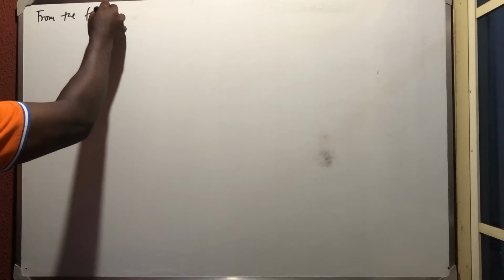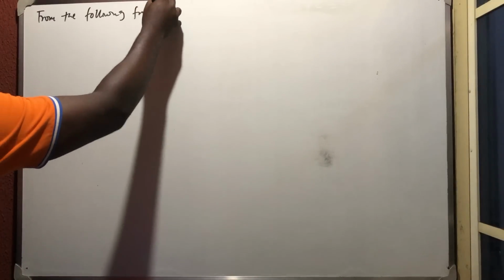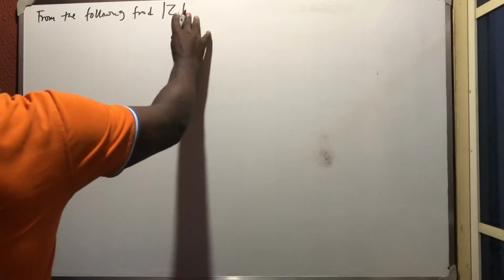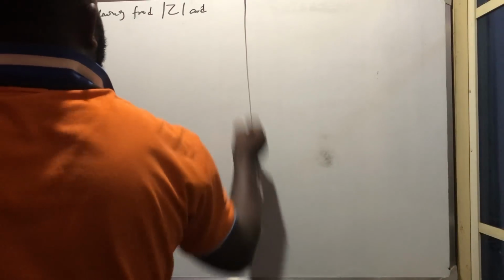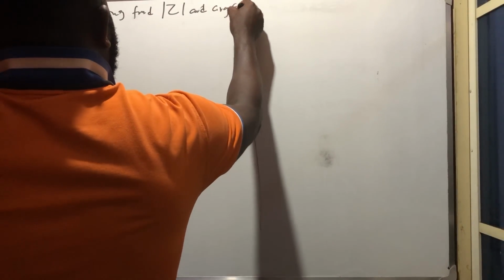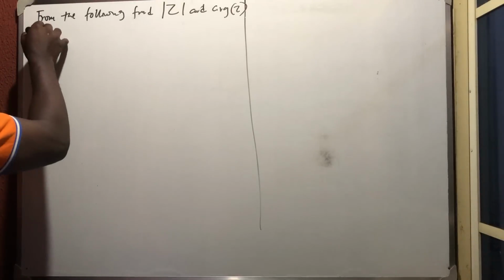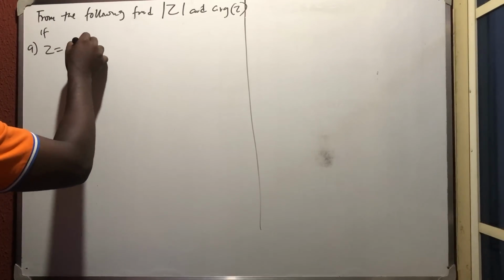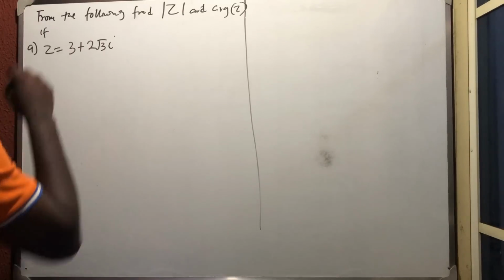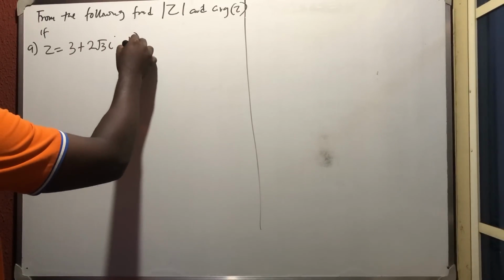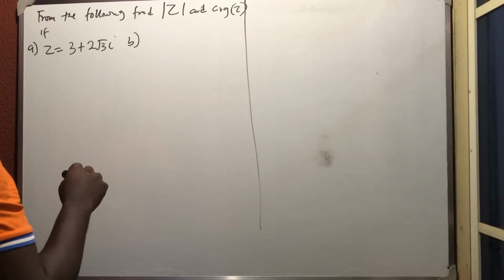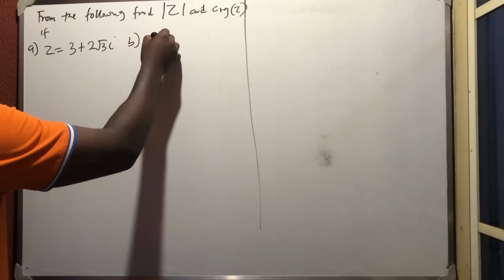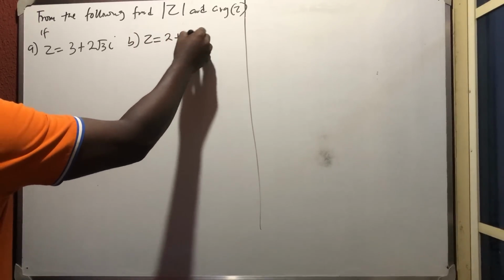Okay, this question said, from the following, find the absolute value of z and the argument of z. A question said that z is equal to 3 plus 2 root 3i. B question said that z is equal to 2 plus 2i.